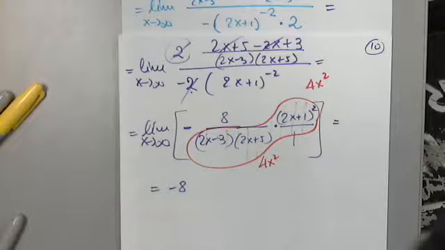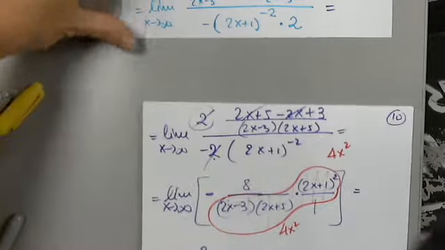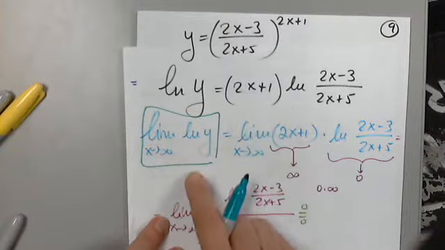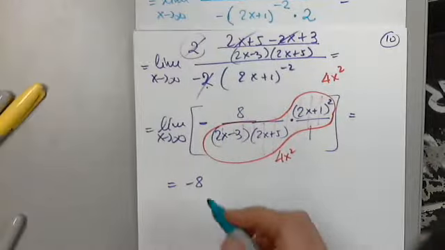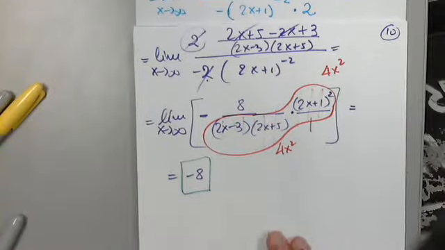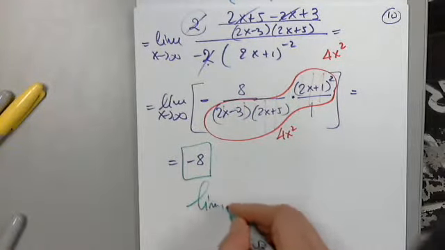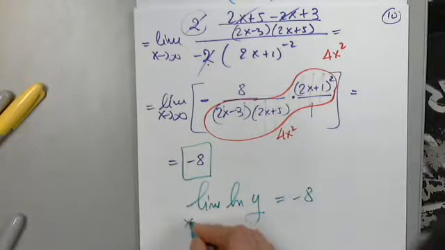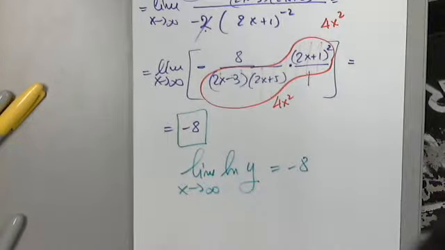It's not done. Now I go back 5 pages earlier and I copy the beginning of our calculations, and I copy the end of our calculations. So we had limit of natural log y equals negative 8 when x approaches infinity.